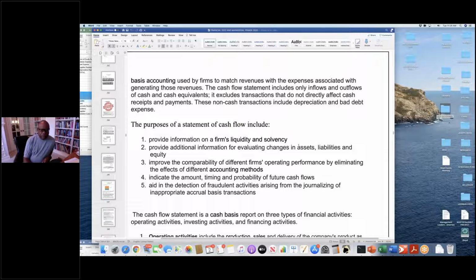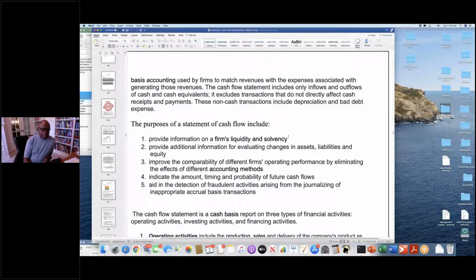And what does solvency mean? Whether you have cash assets greater than your liabilities. So liquidity and solvency means you can pay your bills. Okay, so that's all that means. Solvent means you've got enough money to pay your bills as they come due.